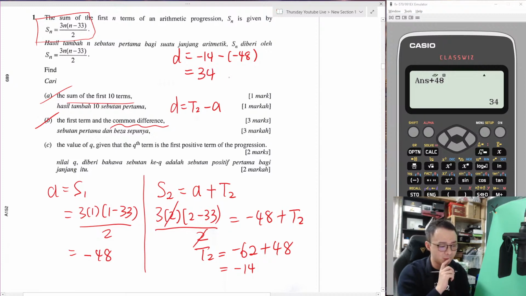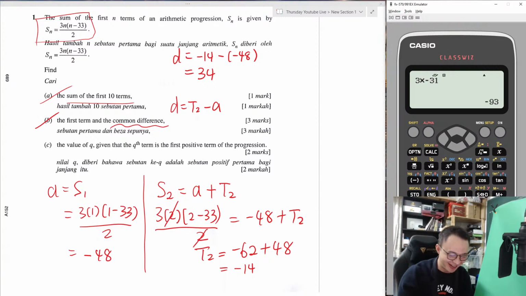Okay, does this make sense? Let me double confirm. 3, 2, 3 times. Did I press anything wrong? Oh, it's 3, right? Not 2. I knew it, I definitely always make the stupid mistake.